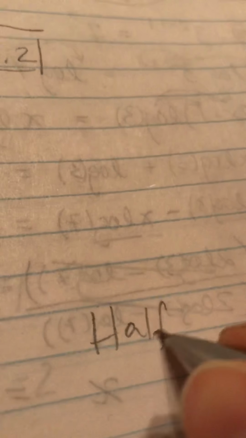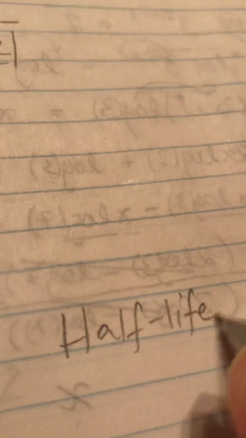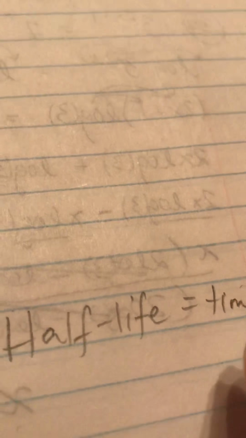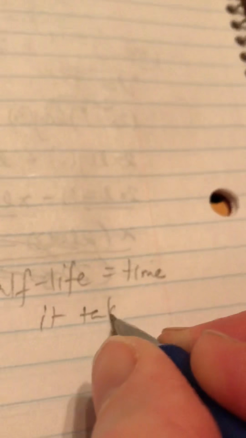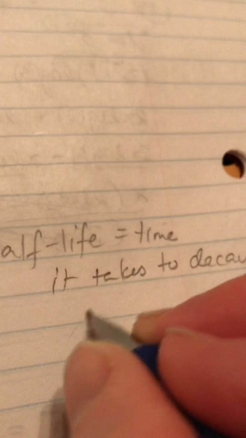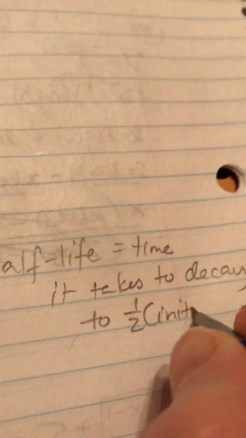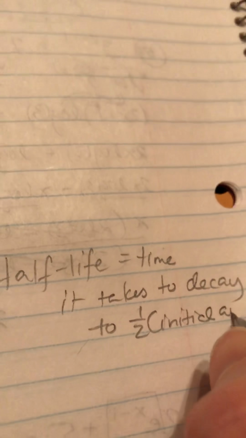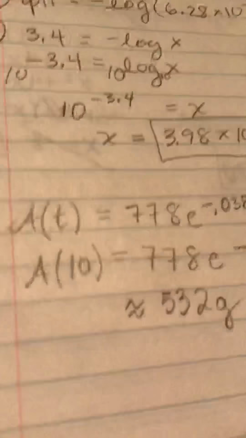So half-life, by definition, half-life is the amount of time it takes to decay to half of what it initially was. So in this case, half of the initial amount is half of the 778.